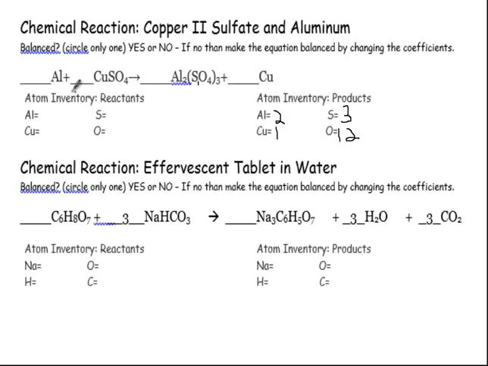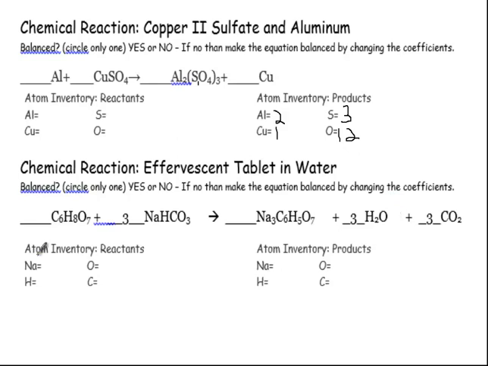You go ahead, calculate what the inventory for the atoms in the reactants is, and then start to change coefficients if this is not balanced. You're going to see here for the effervescent tablet, the SSI has provided you with some coefficients. Are the coefficients correct? A couple reminders: if you have a coefficient in front, it multiplies times all the subscripts that come after, and that helps give us a total.